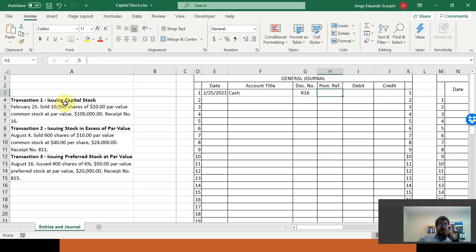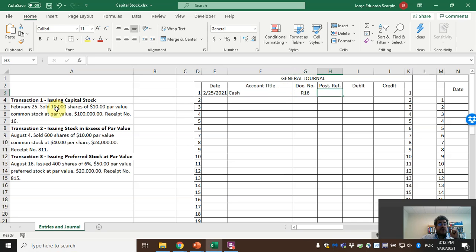How much? Let's see here. Sold 10,000 shares of $10 par value. So it is 10,000 shares times $10 par value, 100,000. So no excess of par here. We sold it at the legal value, or the par value.